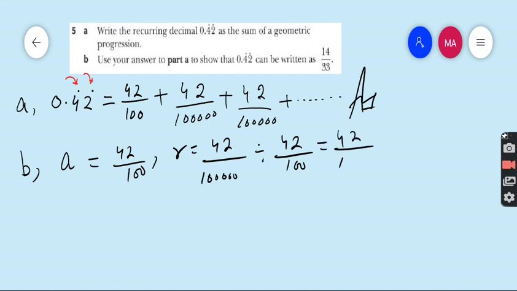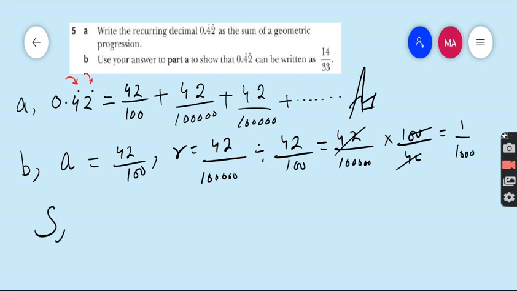So 42 upon 10,000 into 100 upon 42, because fractions can be reciprocated after turning the divide sign into multiply. 42 by 42 cancel, 20 cancel by 20. So the answer is 1 upon 1000.